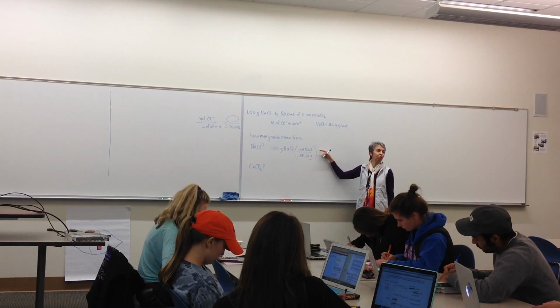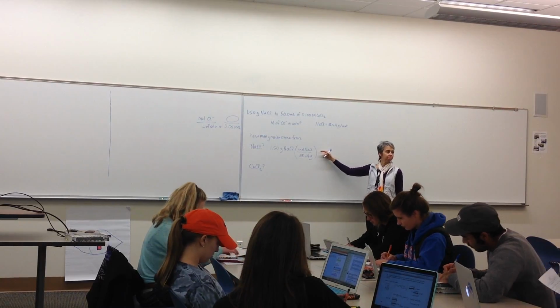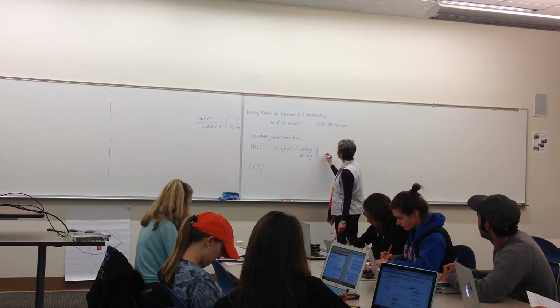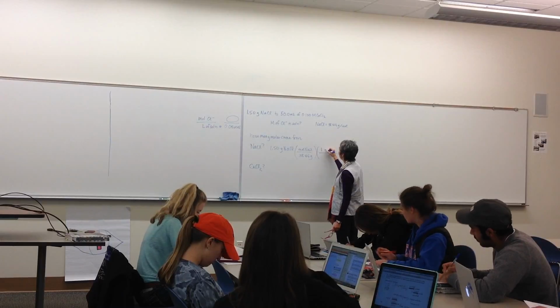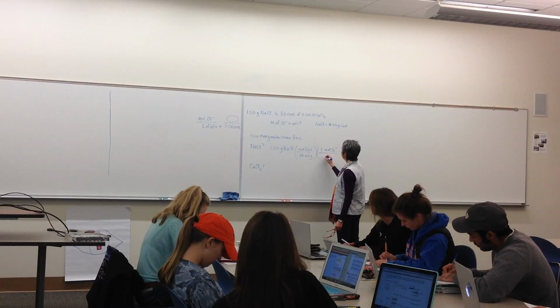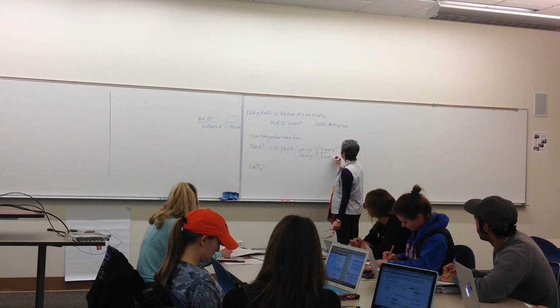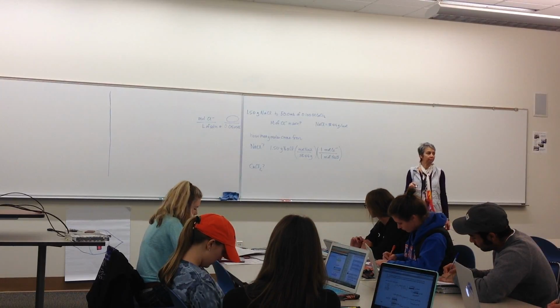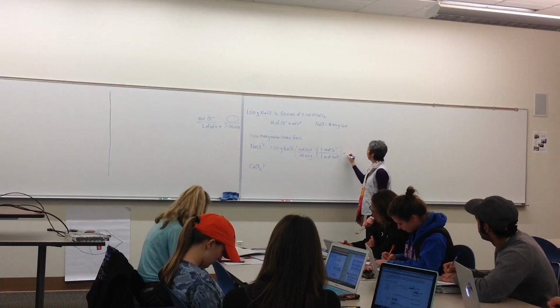How do I get to moles of chloride? It's going to be the same thing. But if you want a conversion factor, you can say there is 1 mole of chloride in every 1 mole of sodium chloride. So that's going to give us some number.